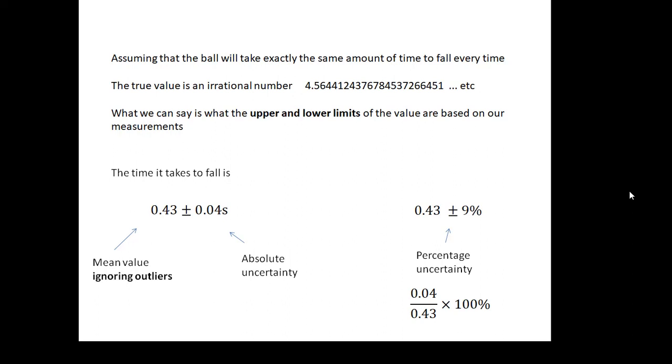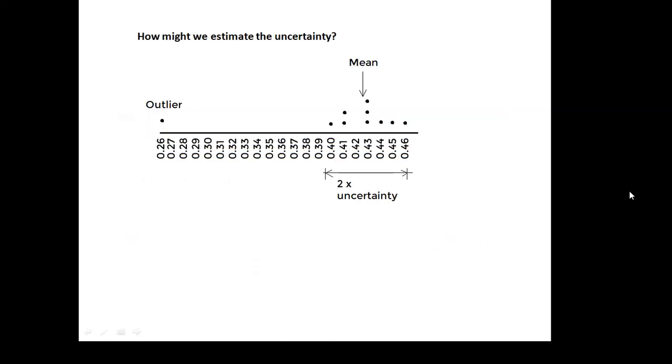How do we go about finding the uncertainty? Well, there's different ways that we can estimate it. If we had our 10 readings, we could do what we call a dot plot. And if we do a dot plot, we can clearly see that one of the readings is an outlier. In fact, this is what we would call a blunder.